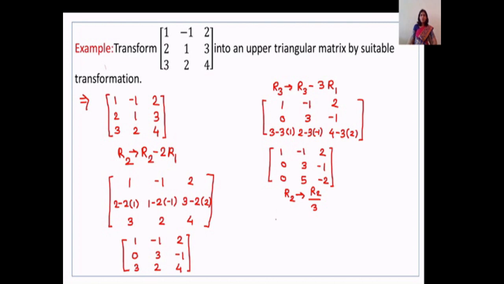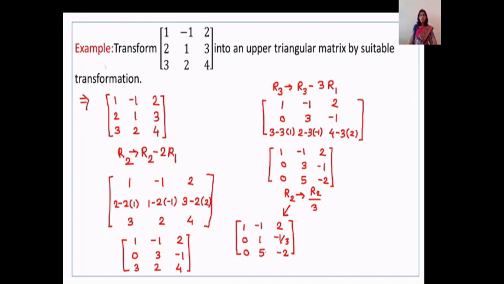So what we will get? We get here 1 minus 1 2, 0 1 minus 1 by 3, 0 5 and minus 2. After getting this transformation we get this.